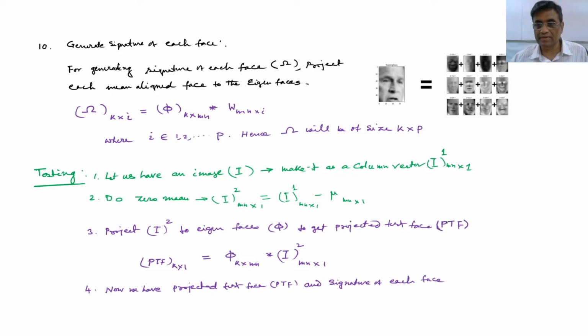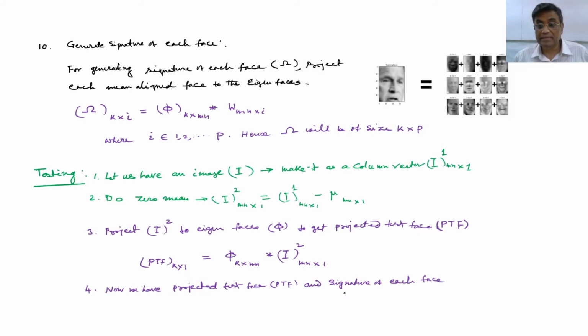So I got a test face PTF, because this I understand, you can see this image, but this is what the computer will process. This is called the eigenface. So the projected test face in the eigenface domain has dimension k cross 1, we have projected it.